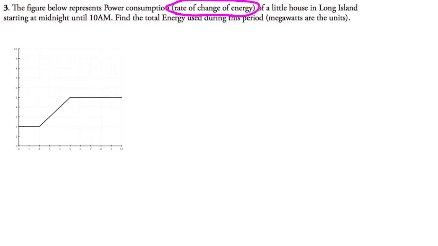Okay, it says that the figure below represents the power consumption, which is the rate of change of energy, of a little house in Long Island starting at midnight until 10 a.m. Find the total energy used during this period. Here this represents midnight, and over here this is 10 a.m. Since power is the rate of change of the energy, let's call it P of t.